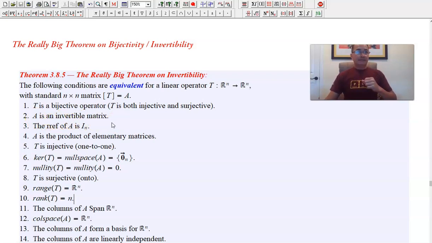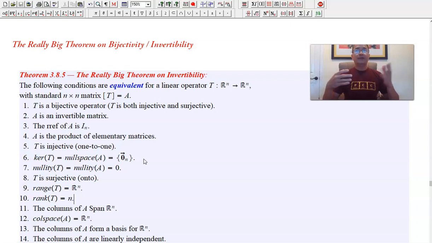We said that a matrix is invertible if and only if its REF is the identity. And why is that so? You want your operator to be both injective and surjective. So if you want it to be injective, sneak peek, and review, T is injective if and only if its kernel is only the zero vector, meaning there are no free variables in the REF.